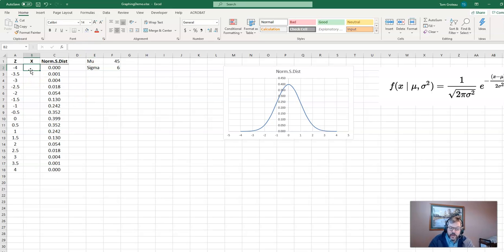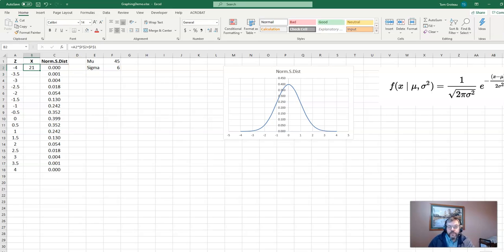And 4 standard deviations below the mean, I would take z of -4 times the standard deviation plus the mean. It's a -4, so it's going to go below. And I'm going to want to copy this all the way down, so I have to lock the two references to the mean and the standard deviation.